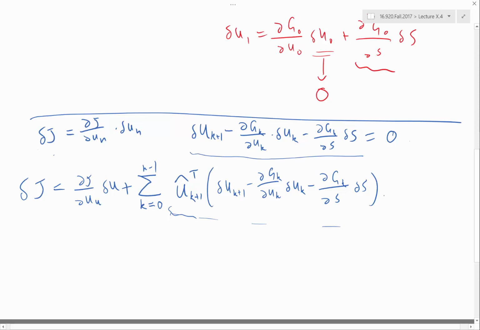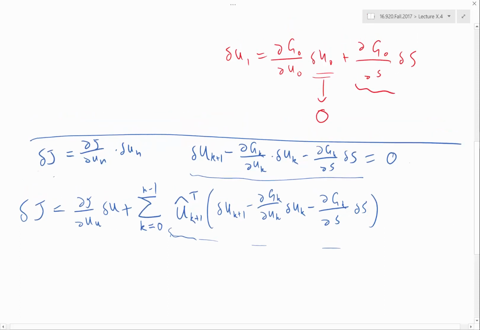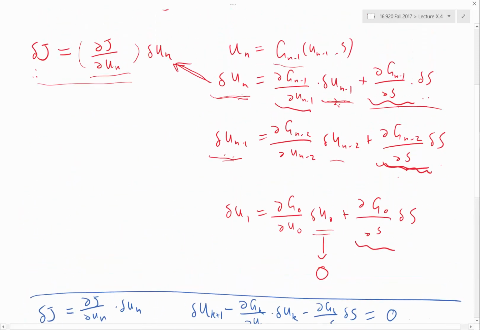So once I'm doing this, the task is to get rid of all the delta. First of all, the task is to get rid of delta un, right? This is what we did in the first step, to get rid of delta un so that delta j can be represented as a function of delta un minus 1 and delta s.